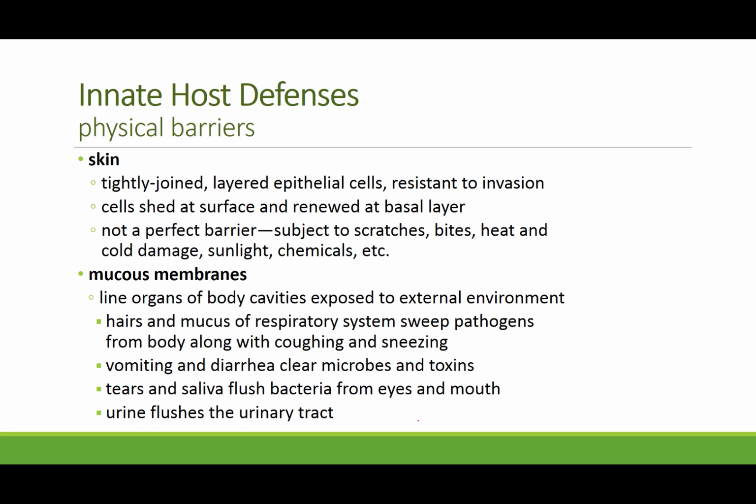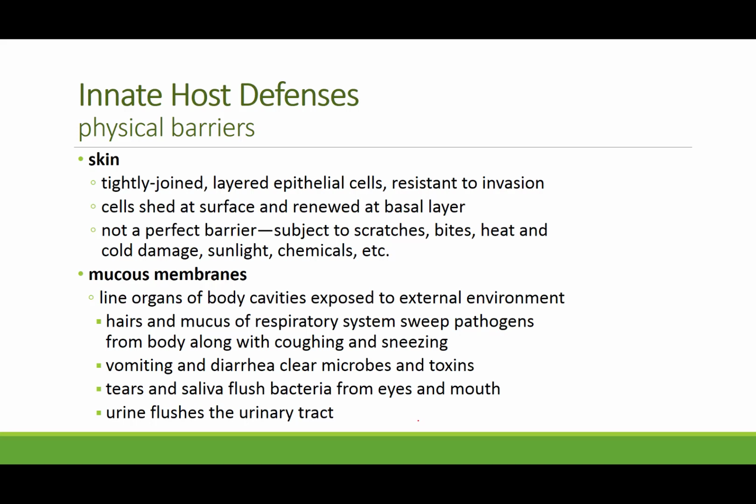So skin makes our bodies very resistant to invasion. If you remember again from an A&P class, we make new skin cells at the basal layers of the epidermis, and we lose those skin cells at the surface of the skin, so they come flaking off.